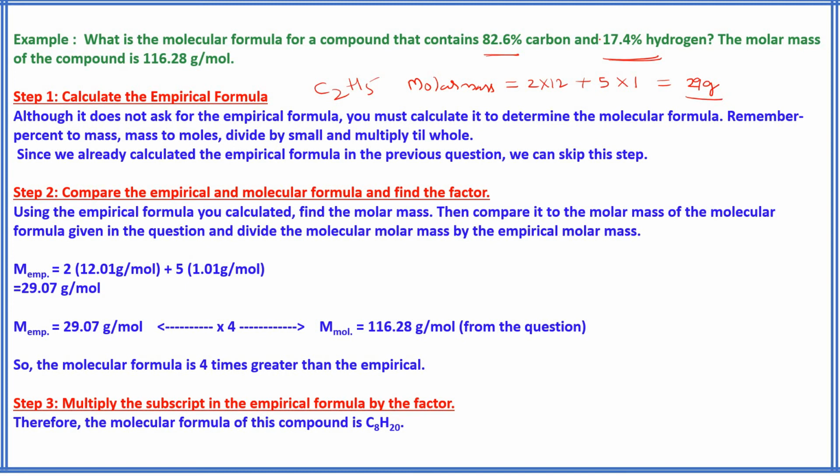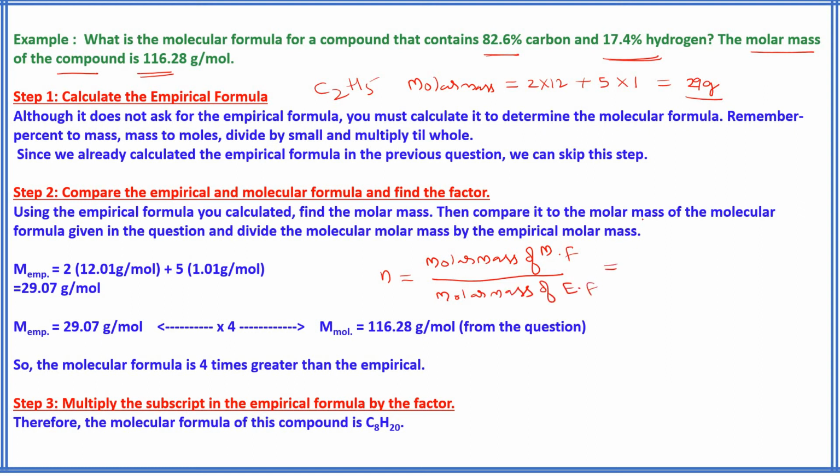And the molar mass of the compound, the molecular formula, is given as 116.28 here. Now I want to calculate N. Already we know the formula. N is equal to molar mass of molecular formula divided by molar mass of empirical formula.